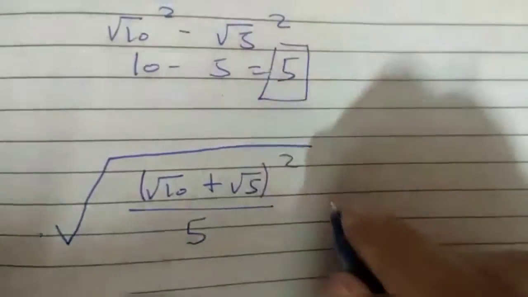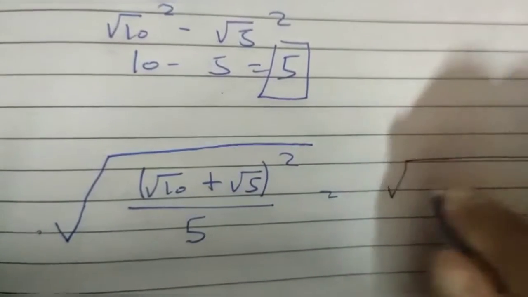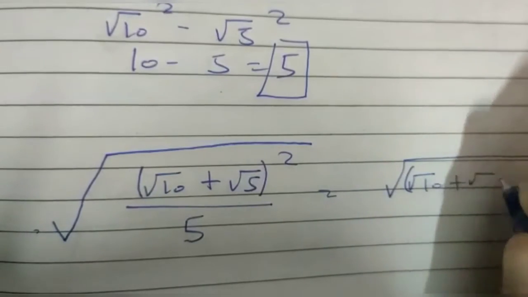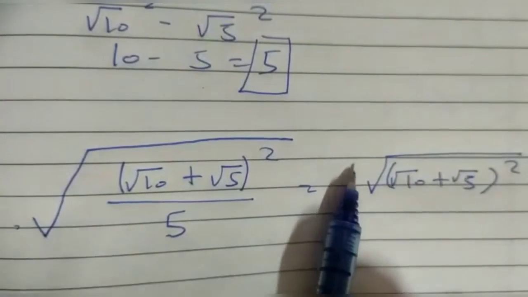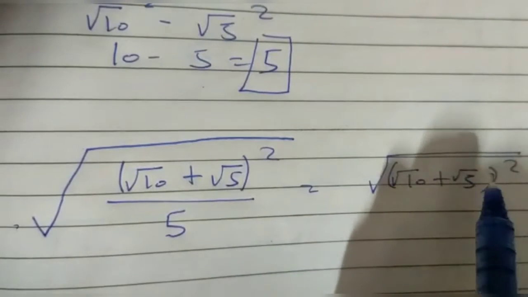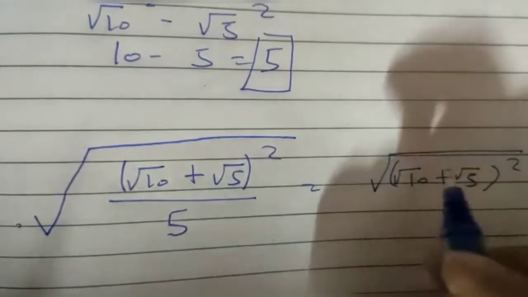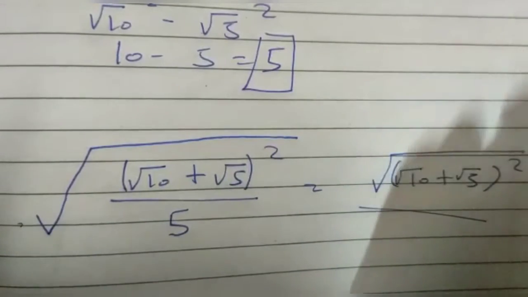I can also write it like this: root of root 10 plus root 5 square. Now when there is a square root sign and here is the square sign, actually this is whole square, then both of these signs cut each other.